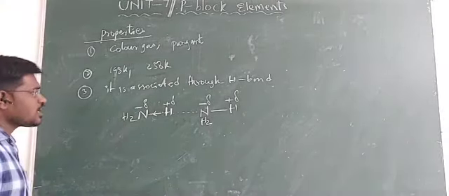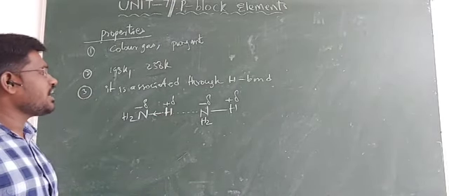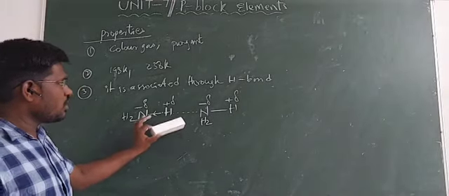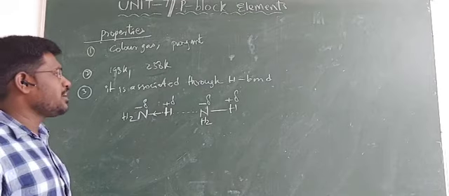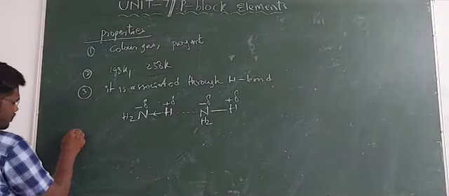In ammonia compound, all the molecules are associated through this hydrogen bond, right? So due to the presence of this hydrogen bond, ammonia has more boiling point. Okay, right. And next one, fourth one.